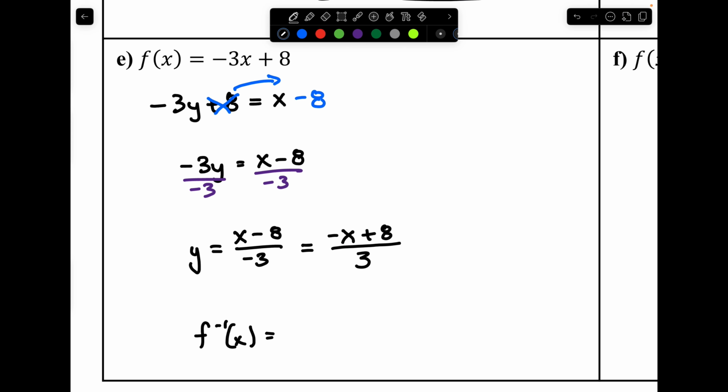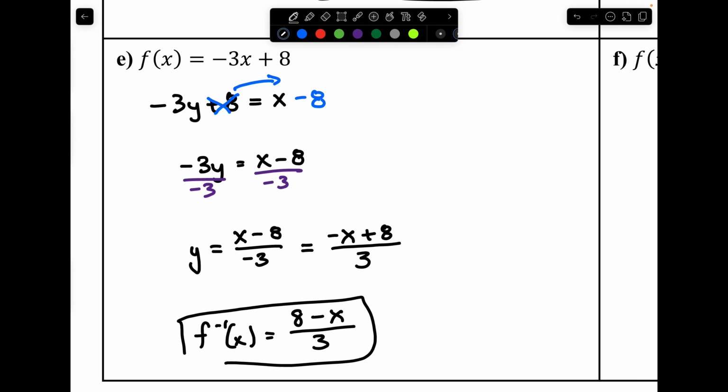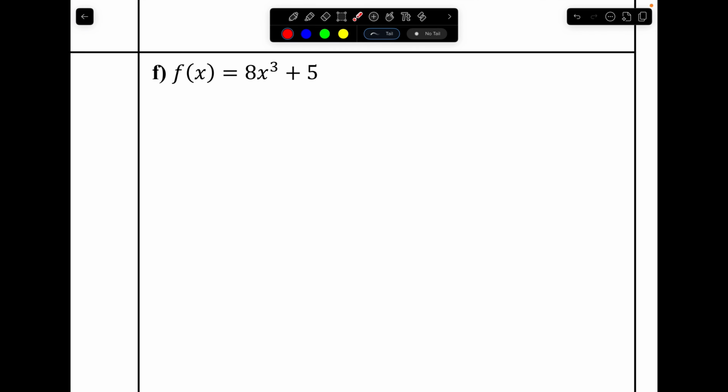So instead of negative x plus 8, we can do 8 plus a negative x, which will look like this, divided by 3. But like I mentioned earlier, this is still going to be acceptable, and that is also going to be acceptable. But I just wanted to go over an example of how we can clean this up when we have a negative value.